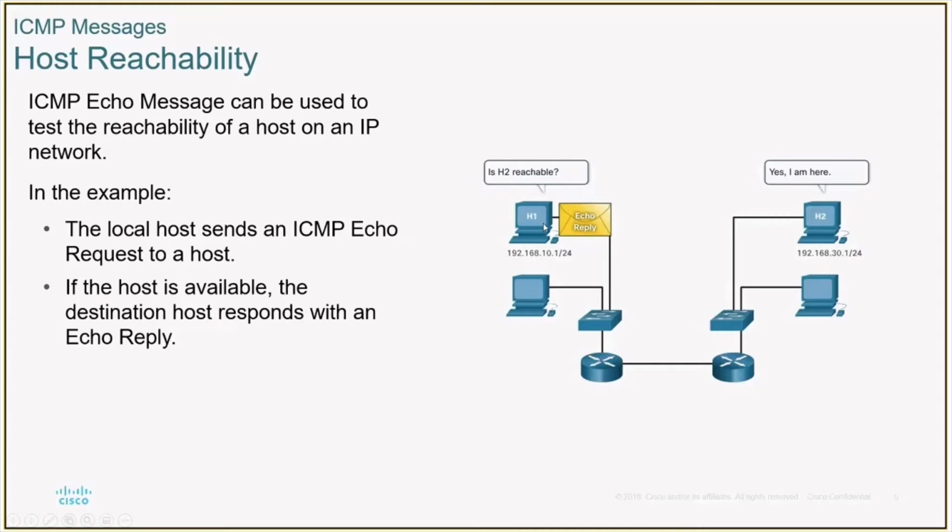And so the local host sends an echo request to a host. If the host is available, the destination responds with an echo reply. And again, that organization's security policy might actually block the echo reply from being sent, either at the firewall or on the actual host itself.